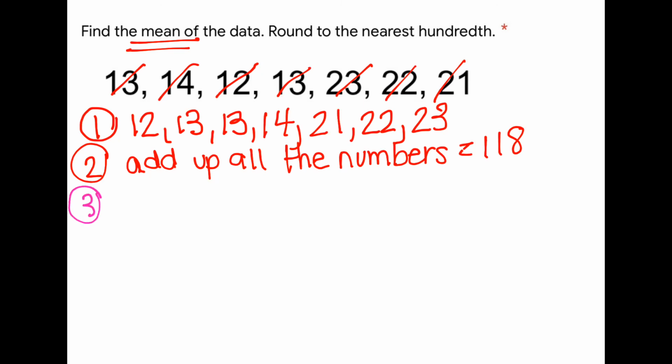Then your third step is you take your sum, which is right here when you add them up, and you divide by how many numbers there are, or how many pieces of data.